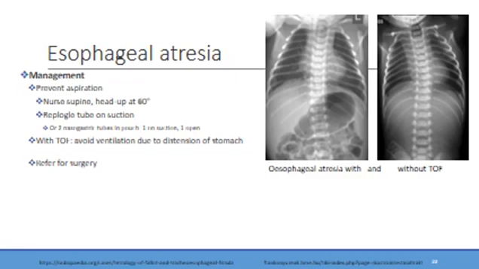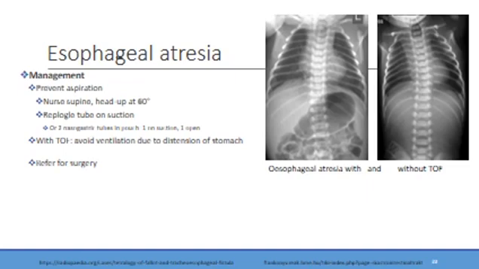When you have a baby with esophageal atresia and a TOF, it is important to avoid ventilation at all costs, as with positive pressure ventilation, every breath will actually lead to distension of the stomach, and it's impossible to aspirate the air from the stomach. And this can then cause splinting of the diaphragms and inhibit the normal respiratory adaptation.